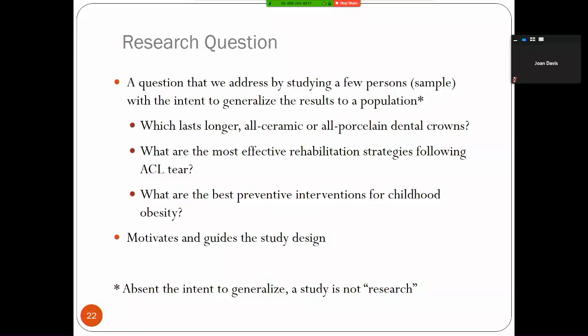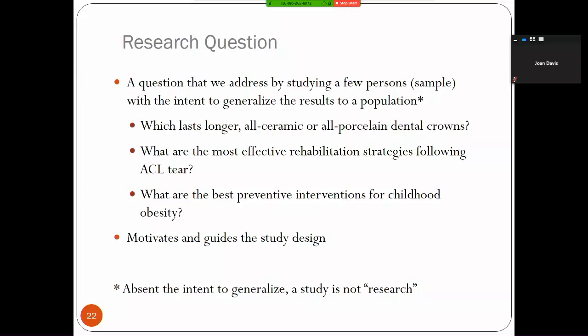We don't care about which lasts longer in our sample. What we want to say is something about the population of people who have ceramic and porcelain dental crowns, right? We want to infer from the sample to the population.